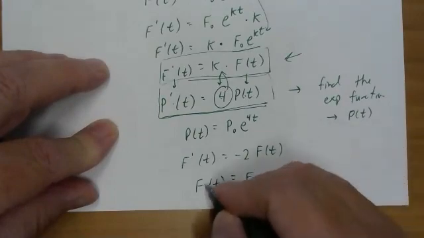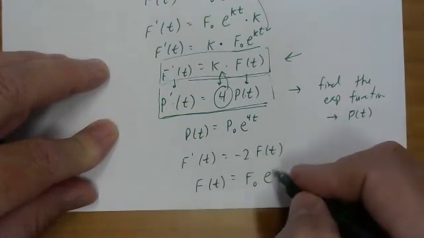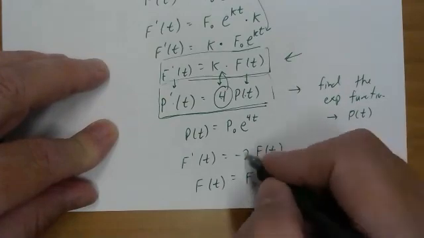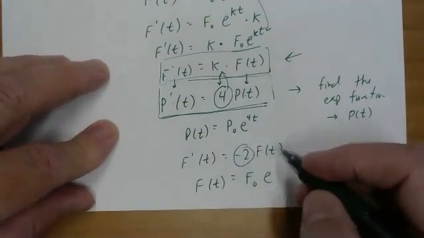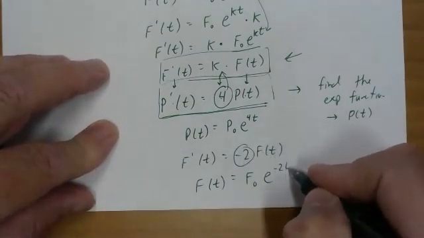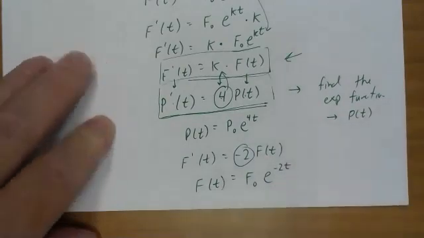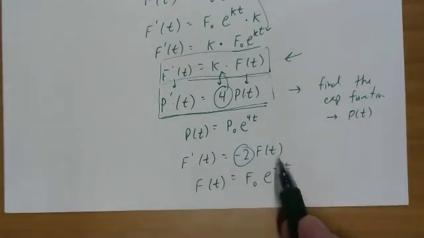They always fit this pattern. And the key is, I just need to figure out what k is. But once again, k is whatever this number is. So there, based upon this, I was able to come up with the initial exponential function. And they're going to ask you to do that a lot in these problems.